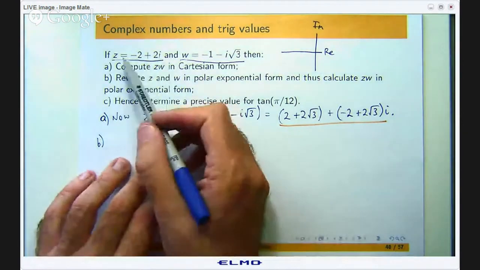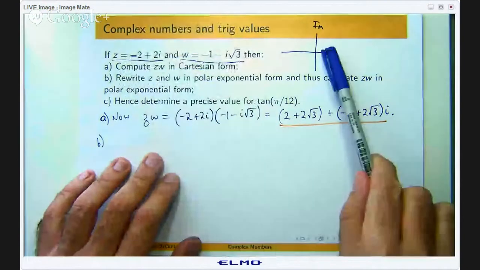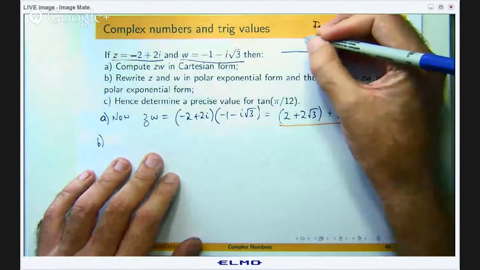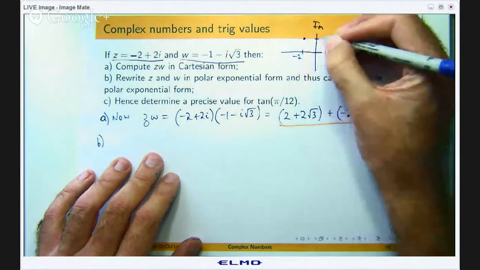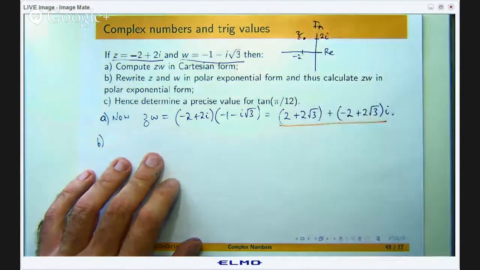Okay, so for Z, I've got -2 here plus 2i, so I go 2 units that way and 2 units that way. So maybe up here. Okay, so that might be where my Z is.